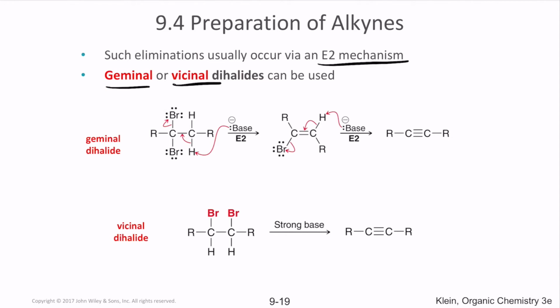The mechanism is still the E2 mechanism. In a geminal dihalide, one of the carbons contains both halogens, but in a vicinal dihalide, the halogens are on adjacent carbons.